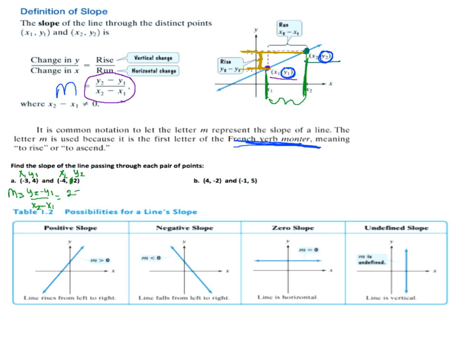So y2 is 2 minus y1, 4, over x2, negative 4, minus x1, which is negative 3. Notice that's minus a negative in the denominator there, which is really plus, so plus positive.